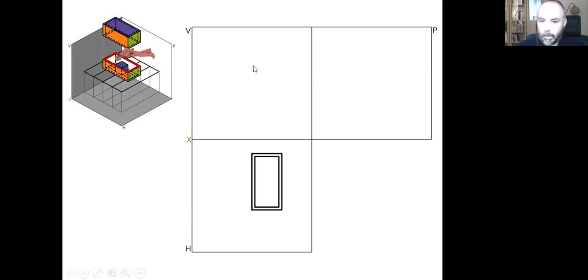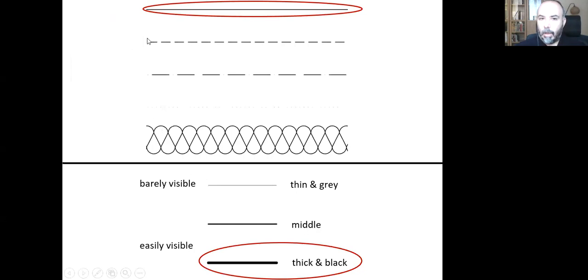So this is what we are going to do now. As you can remember, we have different line types and different line weights. Since now we use the continuous and the dashed lines, if we want to create guiding lines, we prefer this thin and gray ones. And if we want to draw something that we can see, we prefer this middle thickness, middle darkness lines.